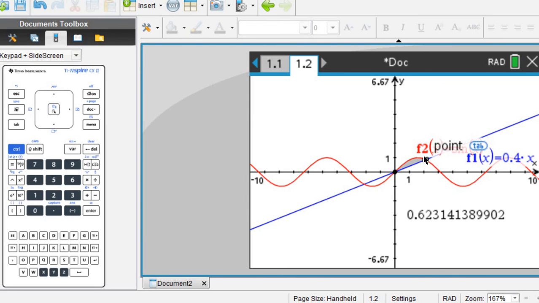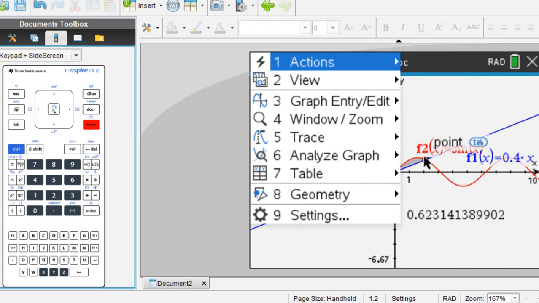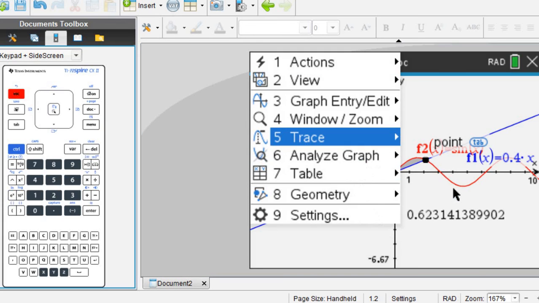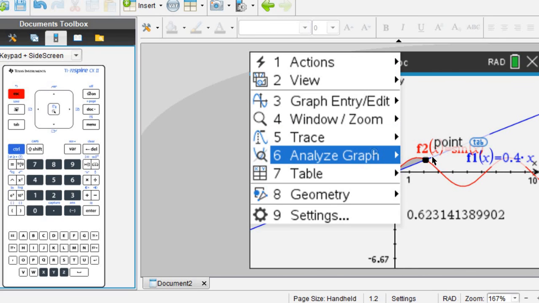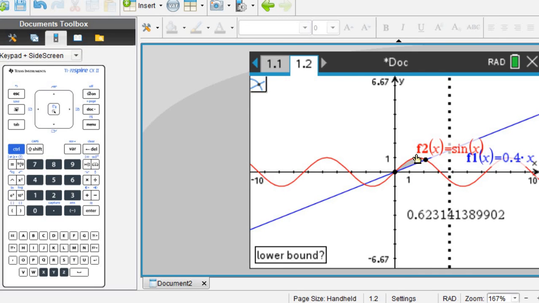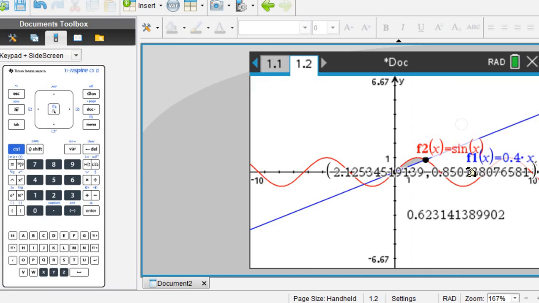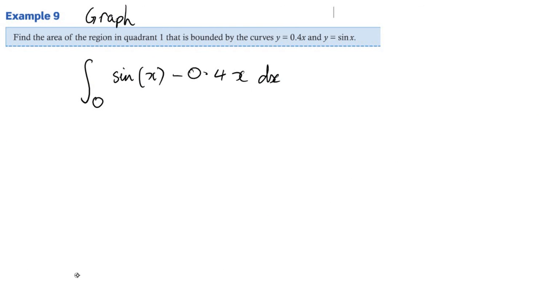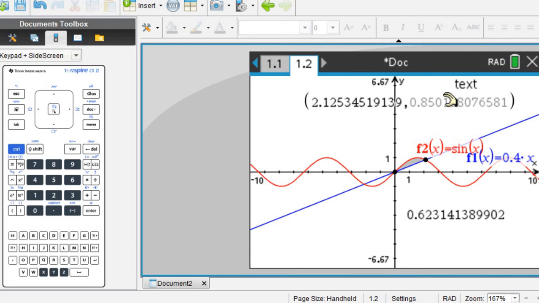In order to get this second point, best way to do that is to go menu, analyze, intersection, and tell it the region you want to look for an intersection. There we go, 2.13. And this would be an area is approximately equal to. Alright, let's go back, that was 0.623.